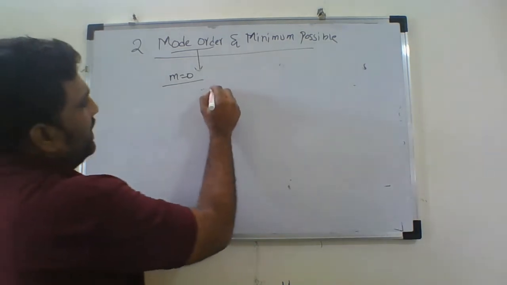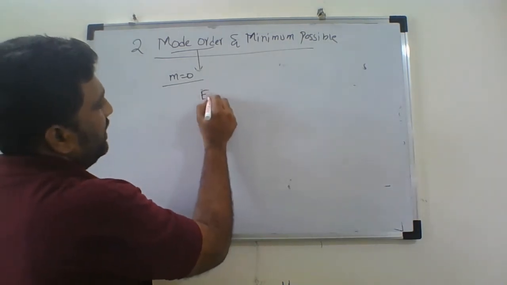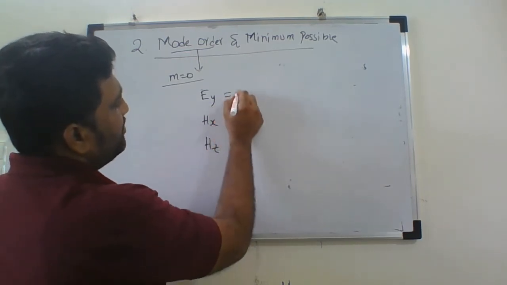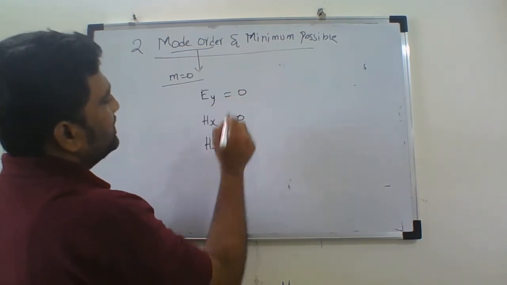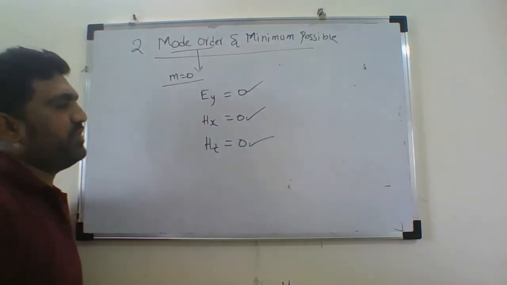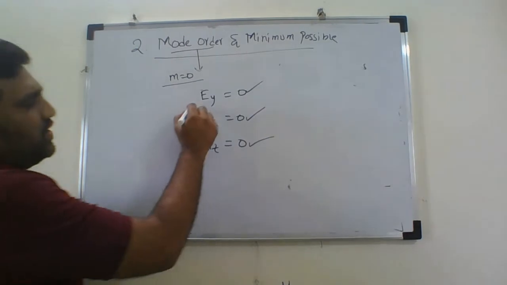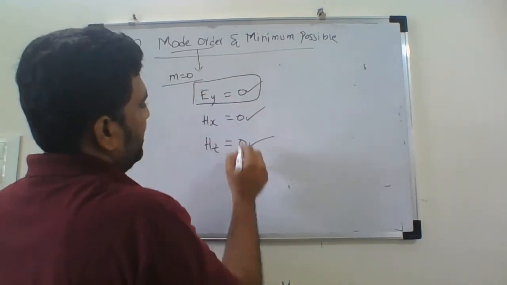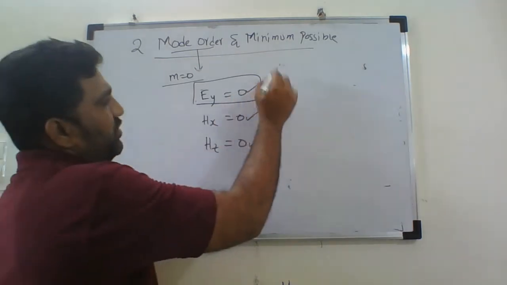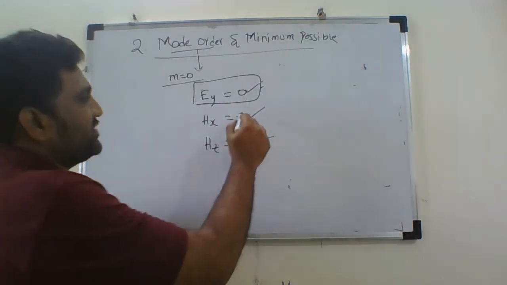But when I substitute m equal to 0 in EY, HX and HZ, all of them become 0. Most importantly, even though HZ does not become 0, EY will go to 0 and HX will go to 0.